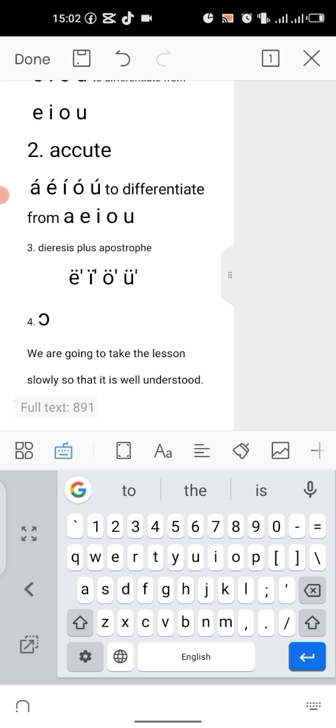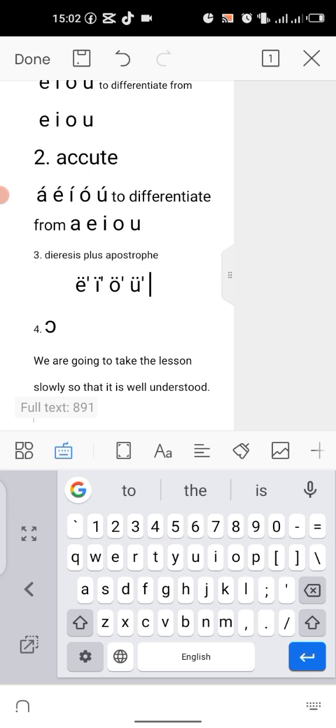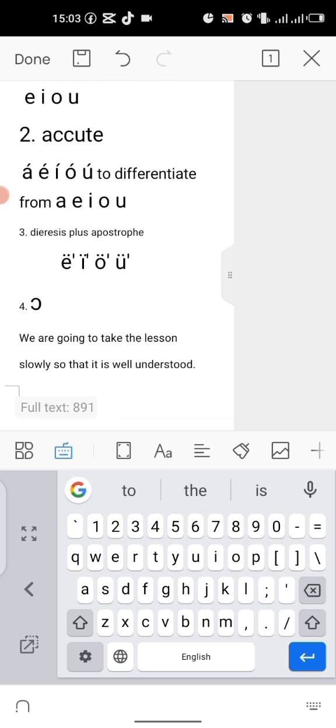but you need to make sure that you apply the diaresis effect together with the glottal stop effect. Let's go.